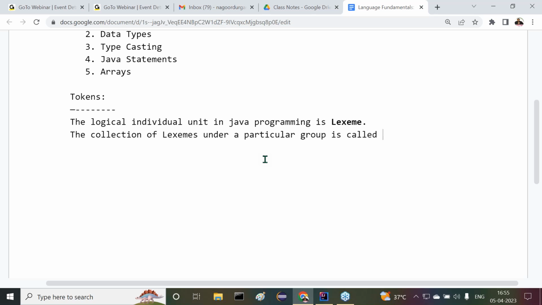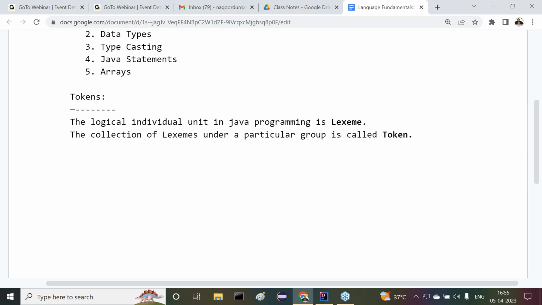The group name is called a token. The group is called a token. This is the simple definition for token. All of you observe carefully, guys, what I'm telling you. The logical individual unit in Java programming is a lexeme. The collection of lexemes under a particular group is called a token. Yes, sir. Got it or not?